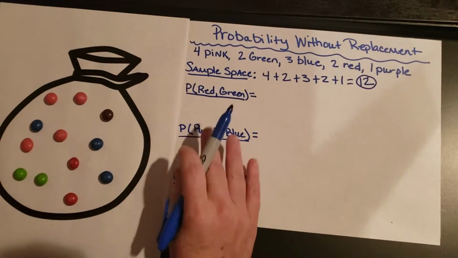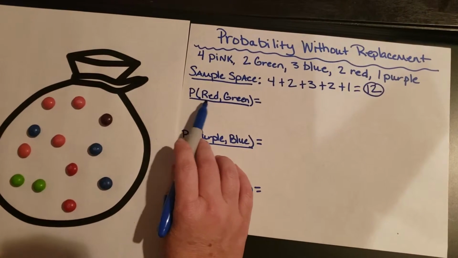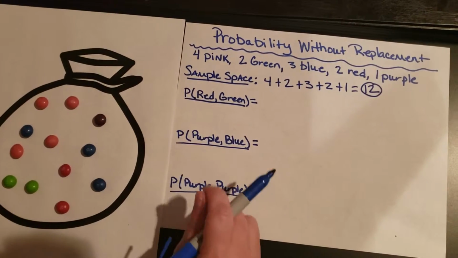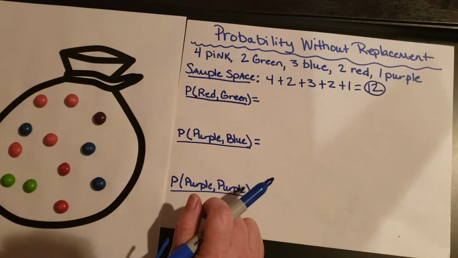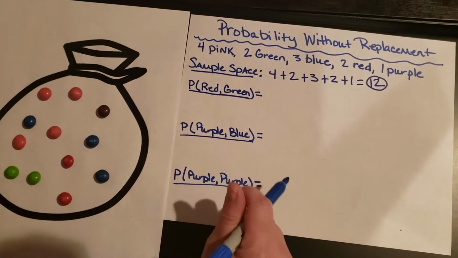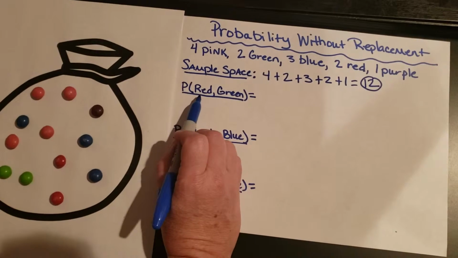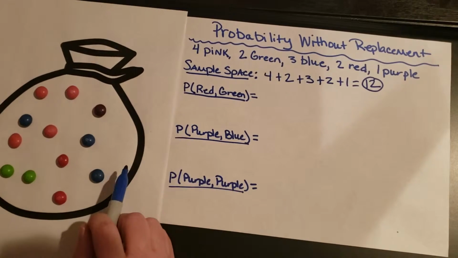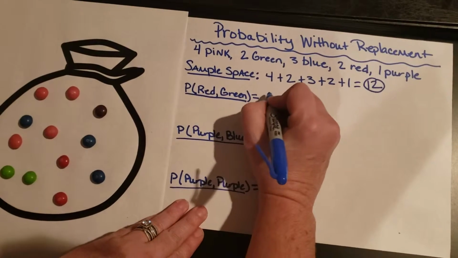So now, moving on to the next thing, we're going to find the probability of red and then green, meaning what are our odds of reaching in the bag and selecting a red and then a green. First we're going to find the probability of red. We see that we have 2 red, so we're going to put 2 here.